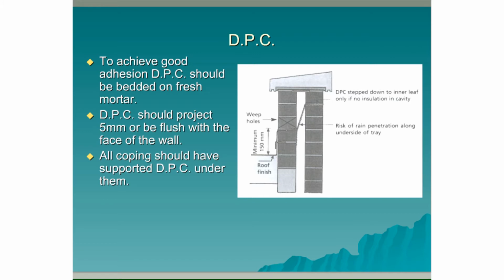All coping should have supported D.P.C underneath them. This is to prevent the D.P.C from sagging and subsequently holding water or moisture, and then what would happen is over a period of time that D.P.C would rot away.